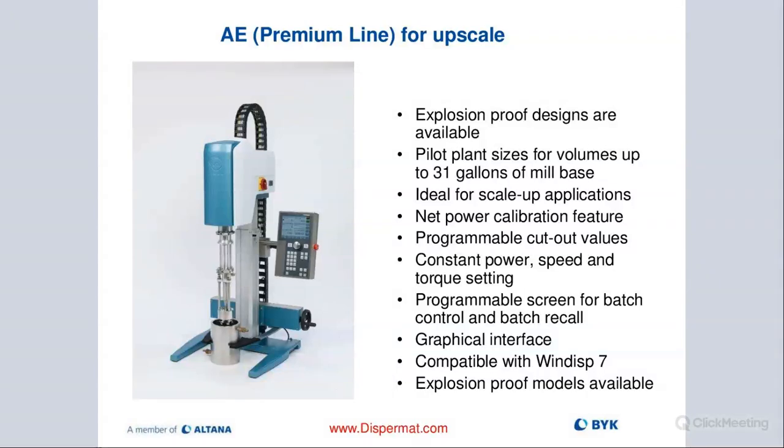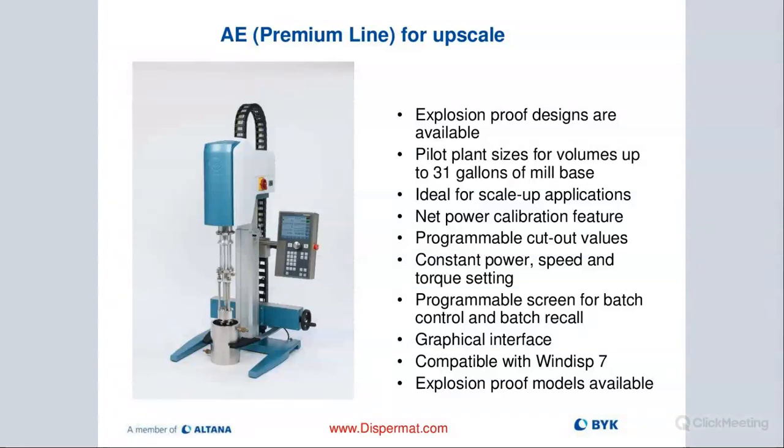You can program cutoff values. If you have, let's say, a product that has a certain temperature range you don't want to exceed, you can lock that in, and once it reaches that point, it would either shut the machine off or run with a different energy input or different speed.